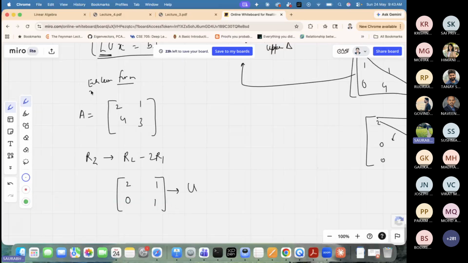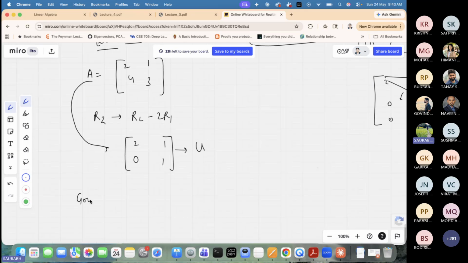While doing the echelon transformation of A, the goal is to transform A into U, an upper triangular matrix. That's all you are doing in your Gauss-Jordan elimination.